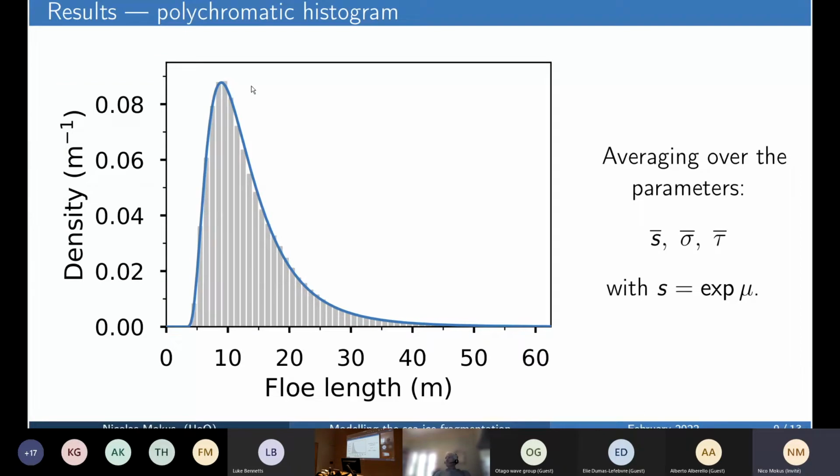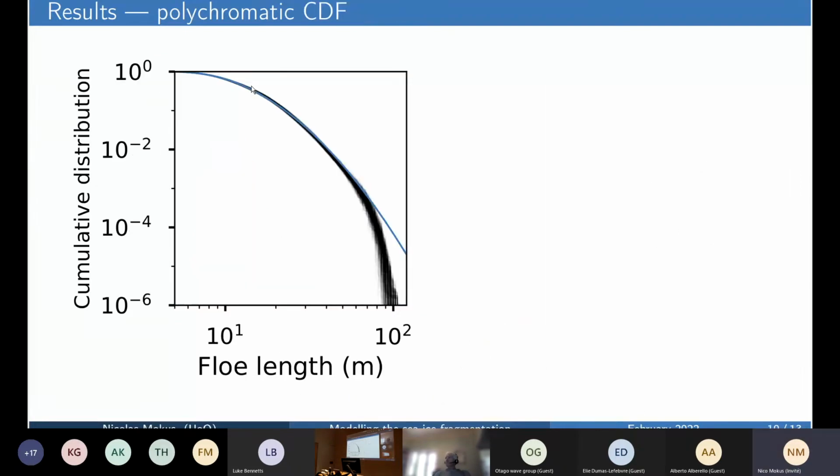To qualify the goodness of fit, we can compare the cumulative distributions of the data, here in black, to the lognormal model in blue. And again, there is a good agreement between the two, since as one moves towards the right of the figure, the observations become less and less frequent, 99.9% of them being above this 10 to the negative 3 tick.